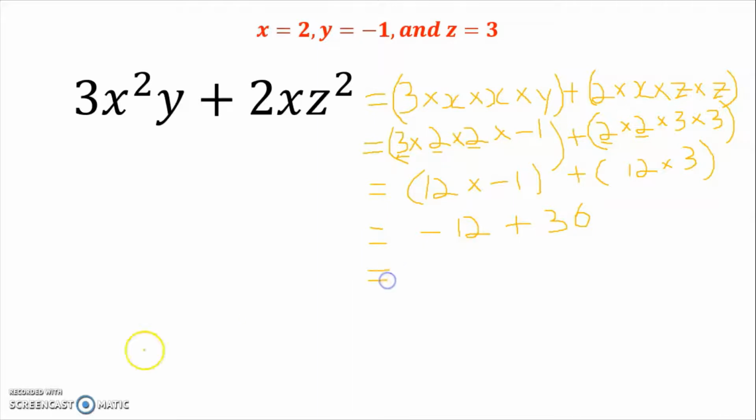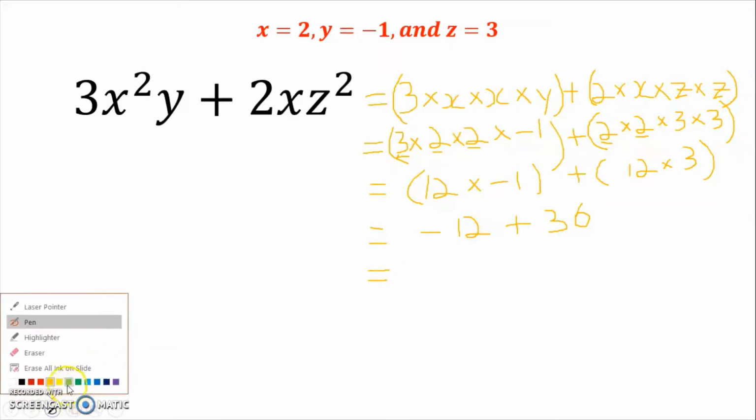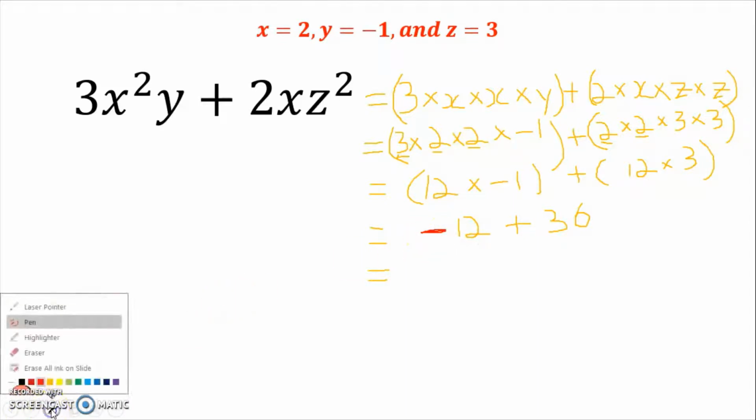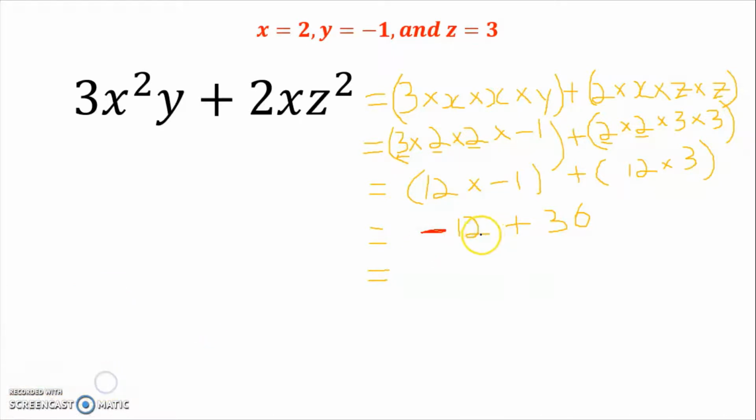The signs are different: here you have a negative sign, and there you have a positive sign. When the signs are different, we subtract and keep the sign of the larger number. The larger number is 36. It's positive, so we know our answer will be positive.